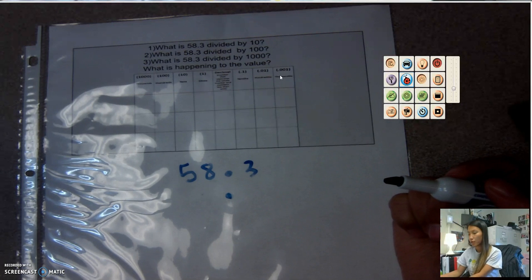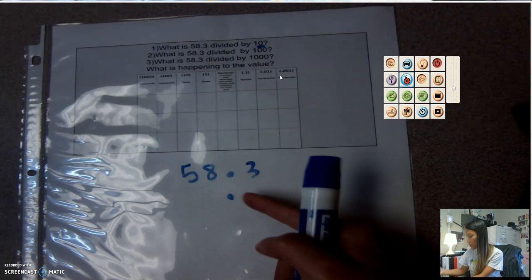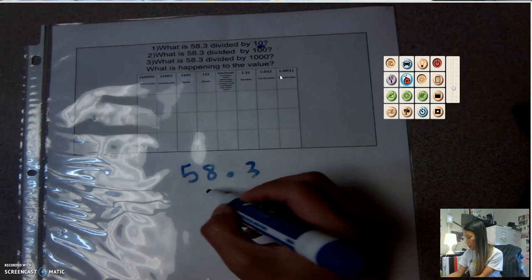So I'm going to go ahead and put in my decimal. And my decimal here reminds me I'm going to shift it once so that I can make it 10 times smaller. And I can also look at my 0 to tell me that. Okay? So when I shift it, I'm going to shift each place value over, keeping my decimal where it is. So now my 5 will go underneath here into the ones place value.